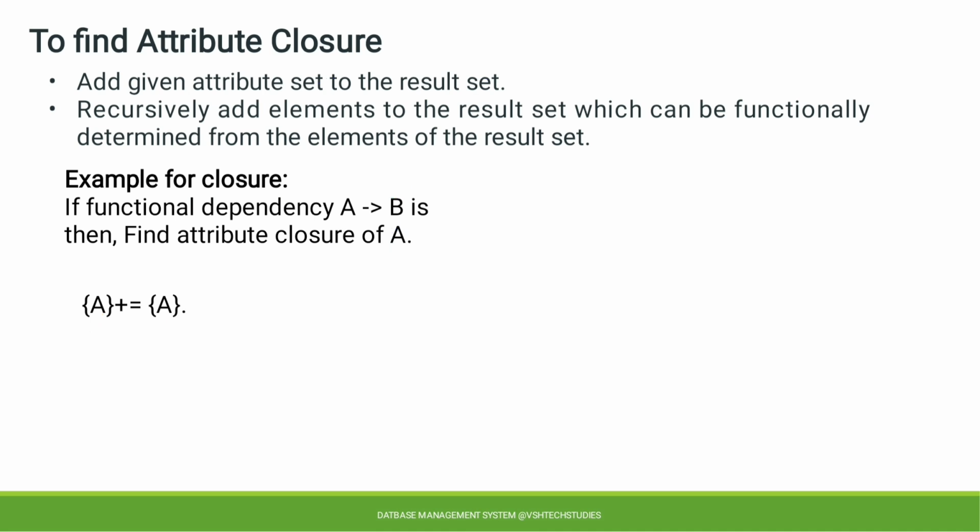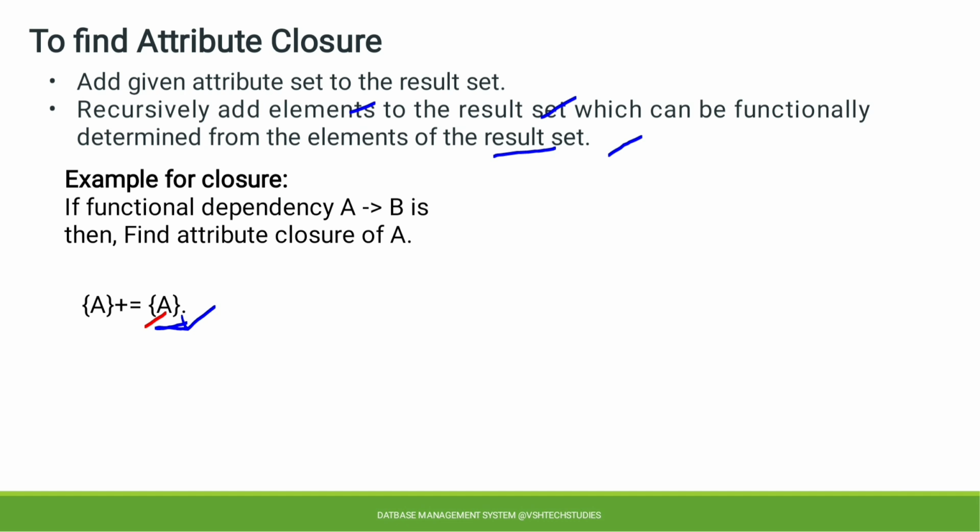According to step 2, recursively add elements to the result set which can be functionally determined from elements of the result set. So this is the result set. From the elements of the result set, whichever other attributes can be functionally determined must be added to the result set. So in the result set we have A. From A, which other attributes can be determined?